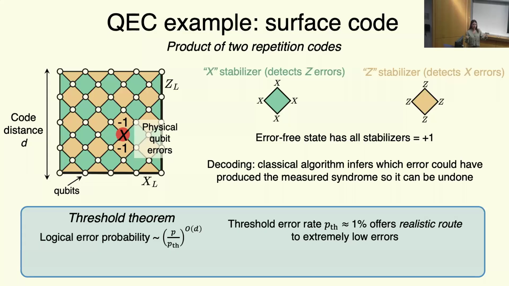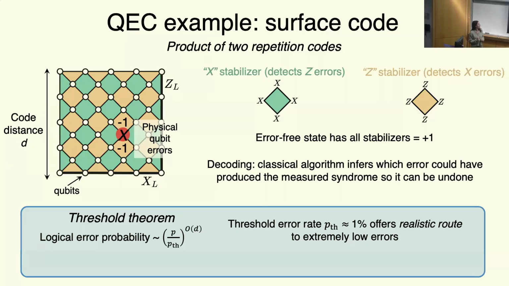And the power of these additional stabilizer checks overcomes the additional physical errors in a way that allows you to reduce the likelihood of a logical error exponentially in your code distance. So just by increasing the lattice size by a little, you get a ton more protection.